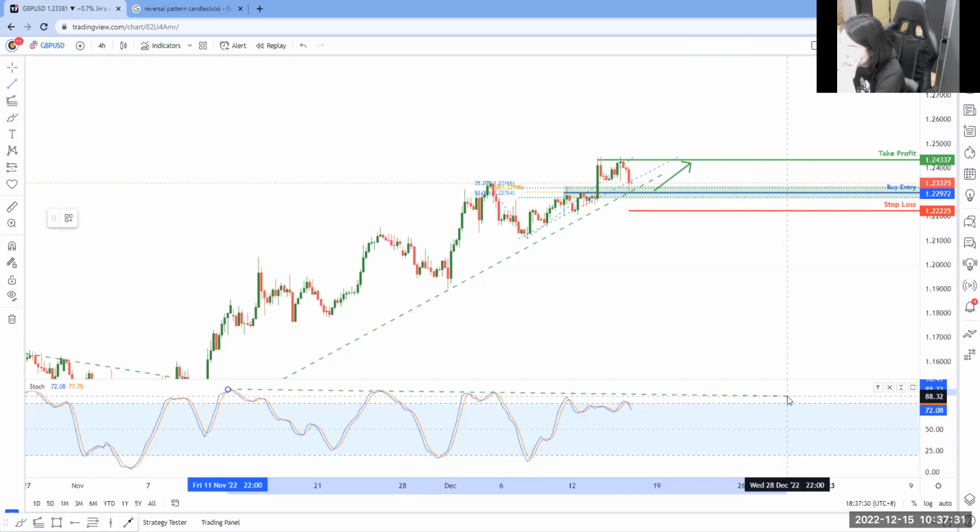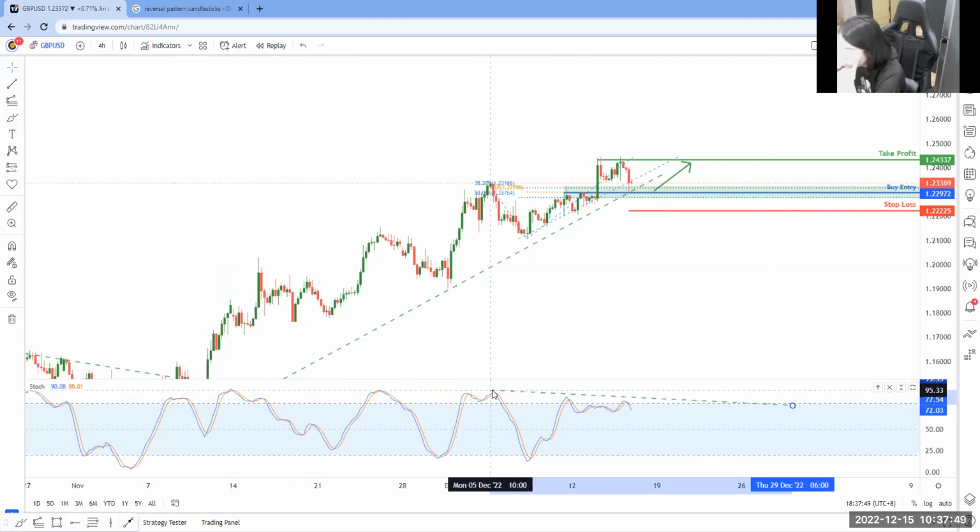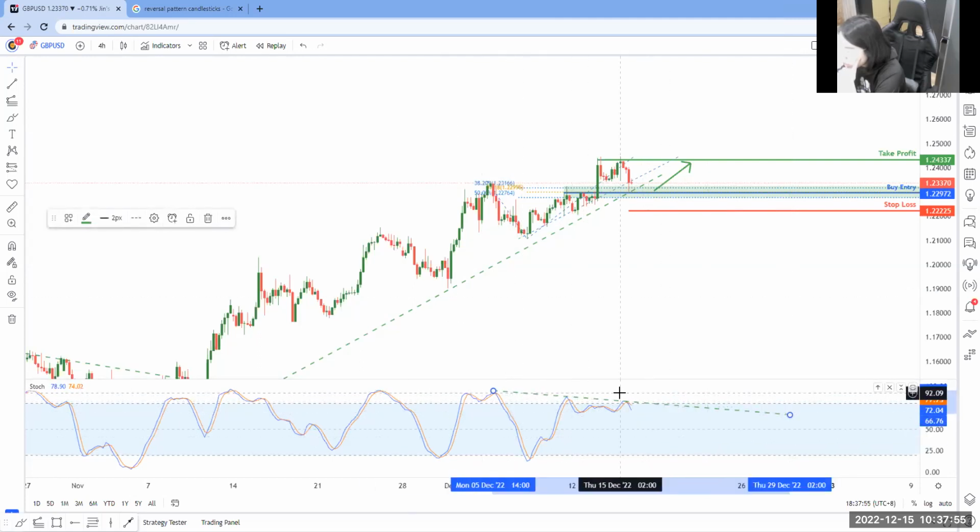A divergence means that price on the chart is moving in an uptrend, but on stochastics, it's moving in a downtrend. So this is stochastics' way of telling us, hey, I think the trend is incorrect and a downtrend is going to start soon. So this is the problem we have right now: stochastics is showing a sell, but the chart is showing a buy.